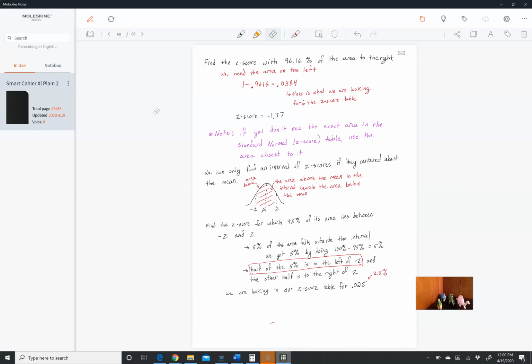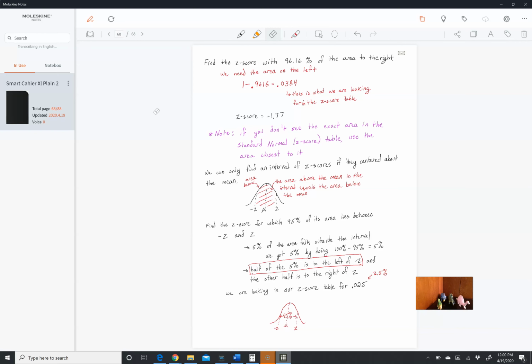Okay, in other words, here's our mean. Here's our negative z. Here's our positive z. And we're saying 95% is between here and here.